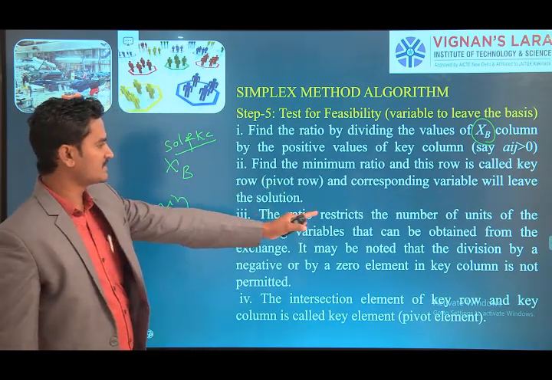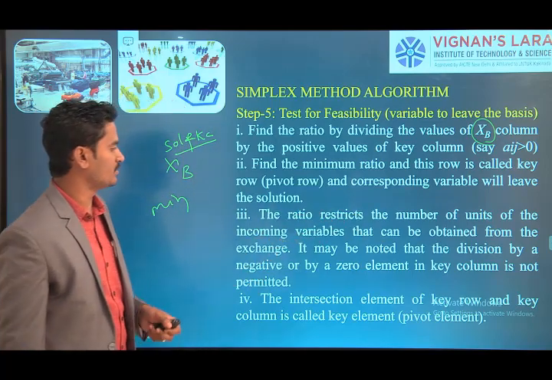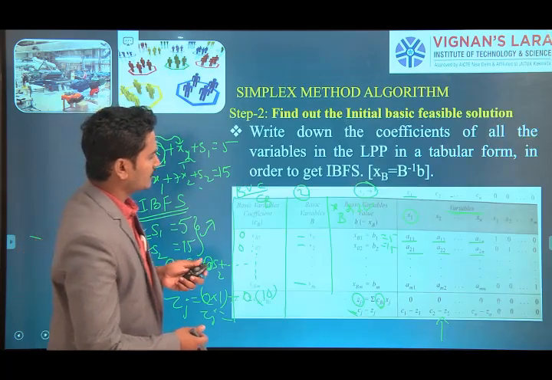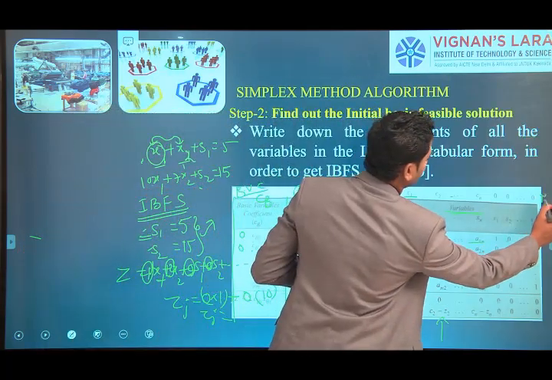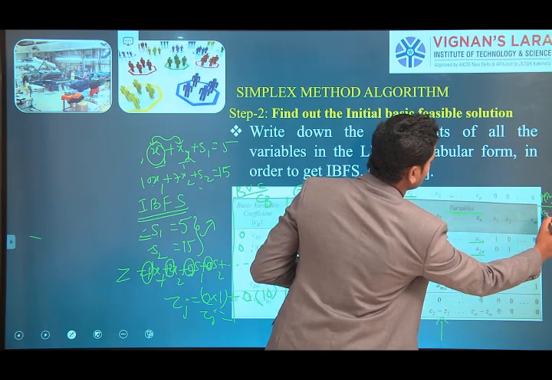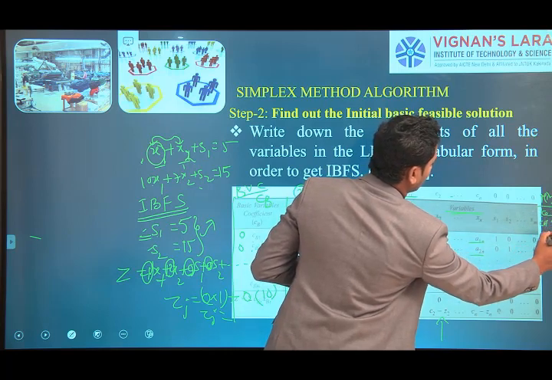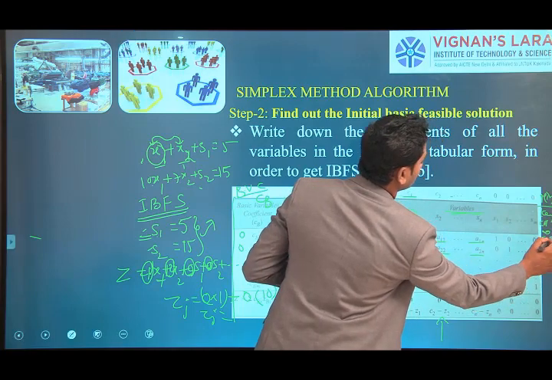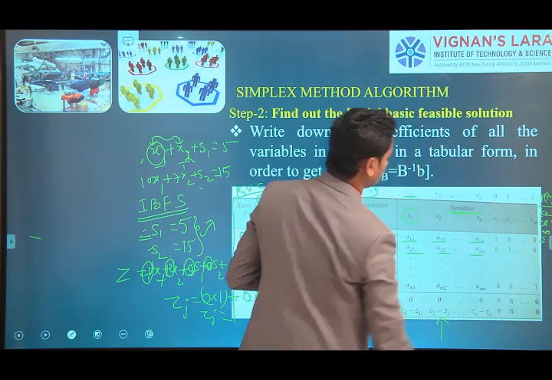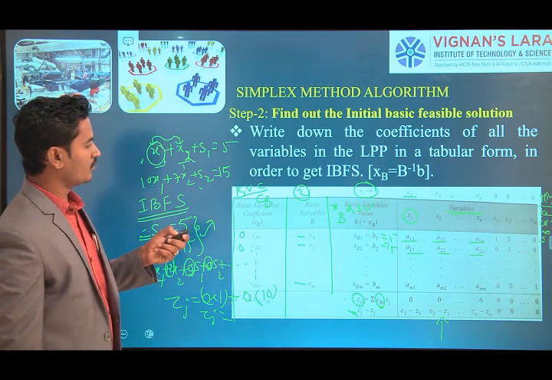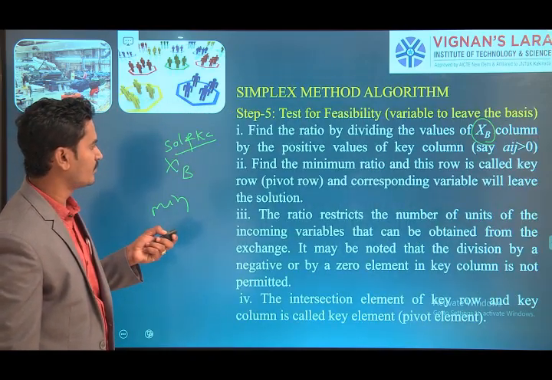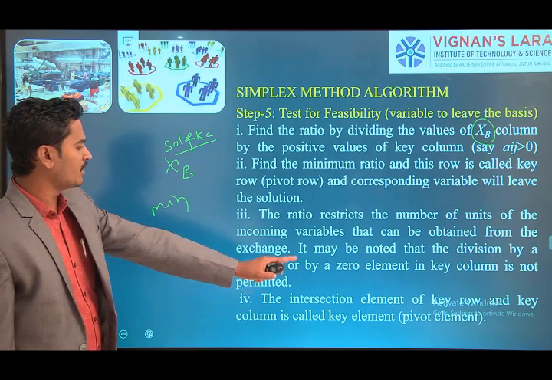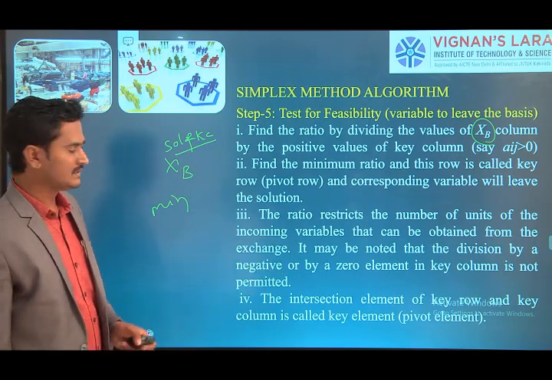Okay, the ratio restricts the number of units of the incoming variable that can be obtained from the exchange. If the key column entry is infinity or less than 0, those are negligible. We are not considering those rows for further iterations. The intersection element of the key row and key column is called the key element.